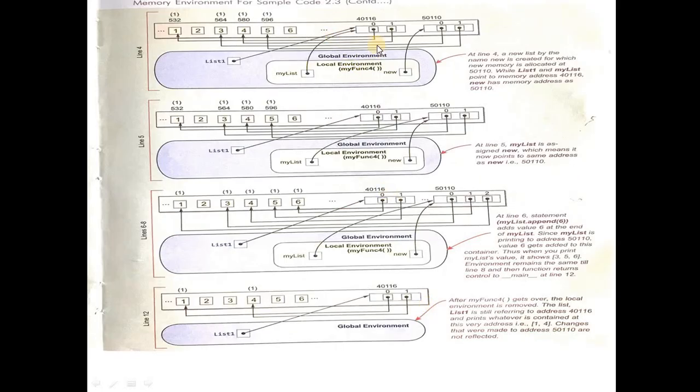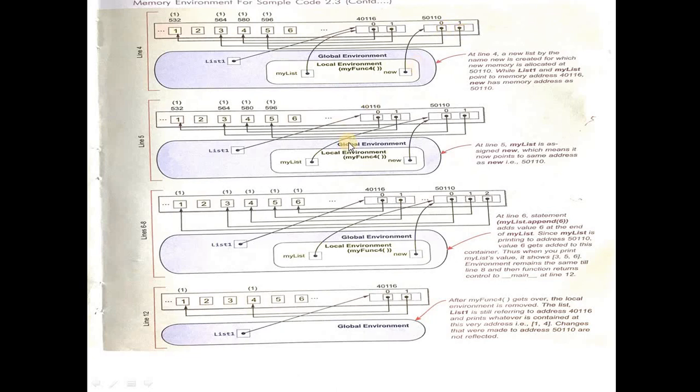But next, what happens? When you have created new, you have a different list in the local environment, because in the local you are creating a list, so new will be created there, with two values 1 and 4.